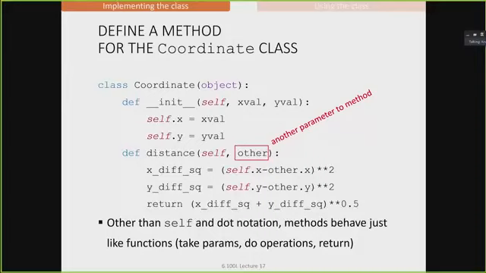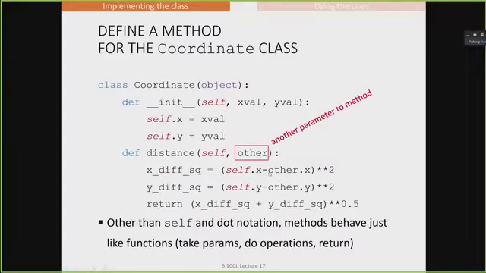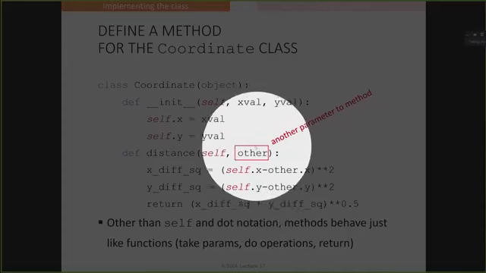You can call this distance method with other being an integer, which is not an object of type coordinate; the code will run but will immediately crash because of what's going on inside. The only way this code will work is if other is an object of type coordinate.